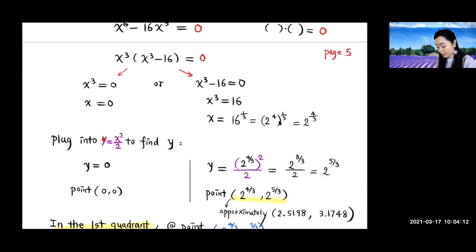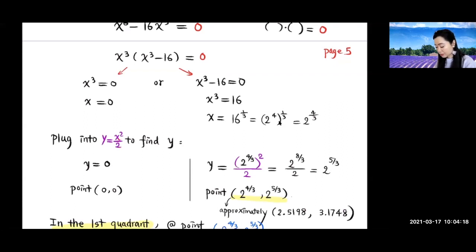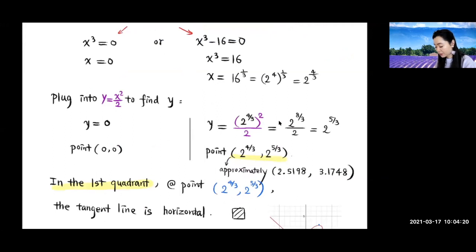So y is equal to, substitute 0 here, 0 squared over 2 will be 0. Substitute x equal to 2 to the 4/3 power here, then you multiply the exponent, so 8/3 is the exponent. Now when you divide, you subtract the exponent.